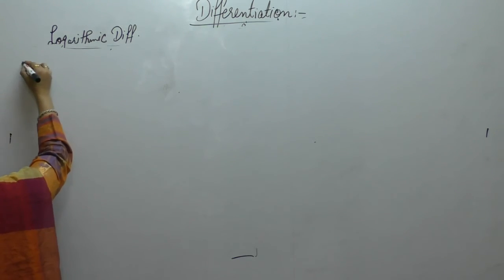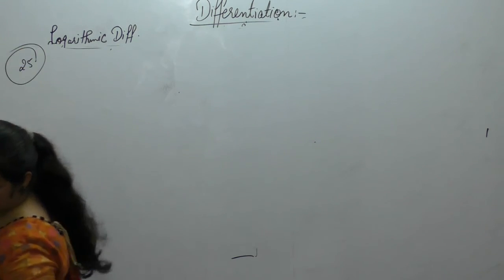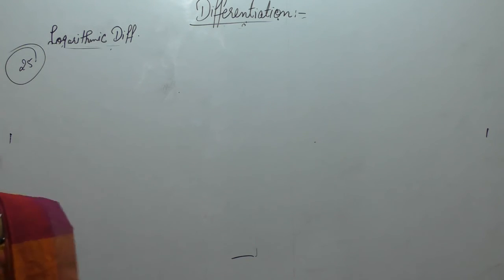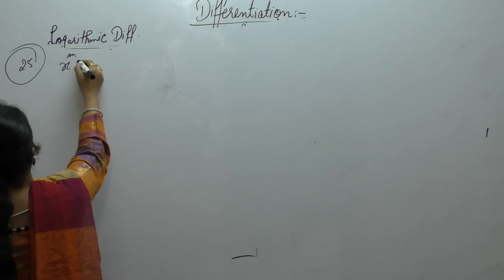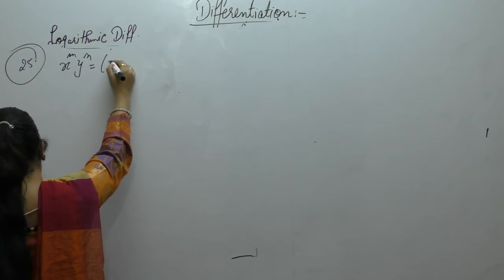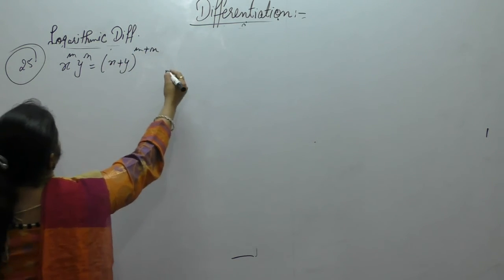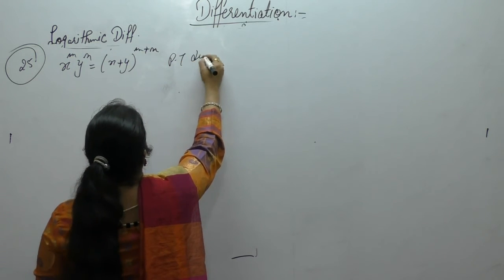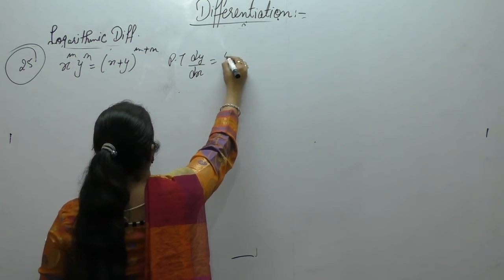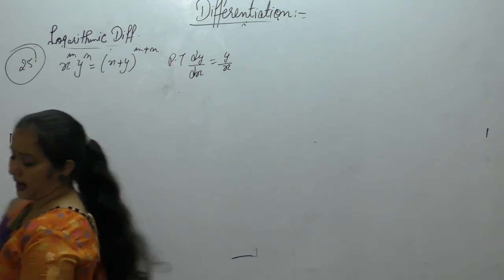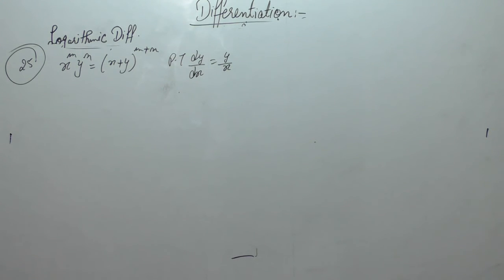Next one is, if x power m into y power n is equal to (x plus y) power m plus n, prove that dy upon dx is equal to y upon x.